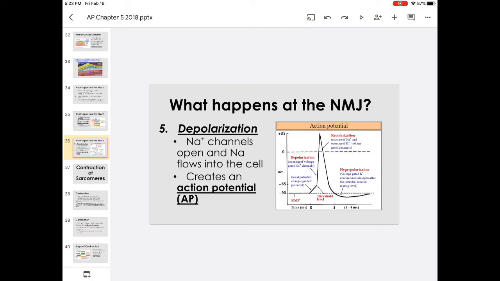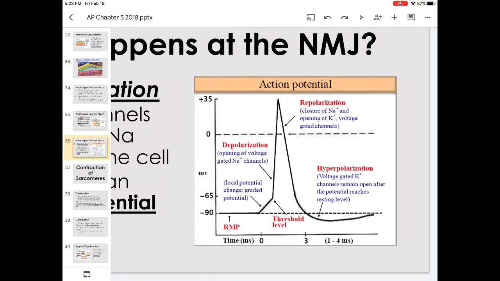And that positive charge actually causes an electrical charge called an action potential. All right, so depolarization, which is a bunch of sodium channels opening, sodium rushing into the cell, makes the muscle cell or muscle fiber a lot more positive. Therefore, you have an action potential being created.